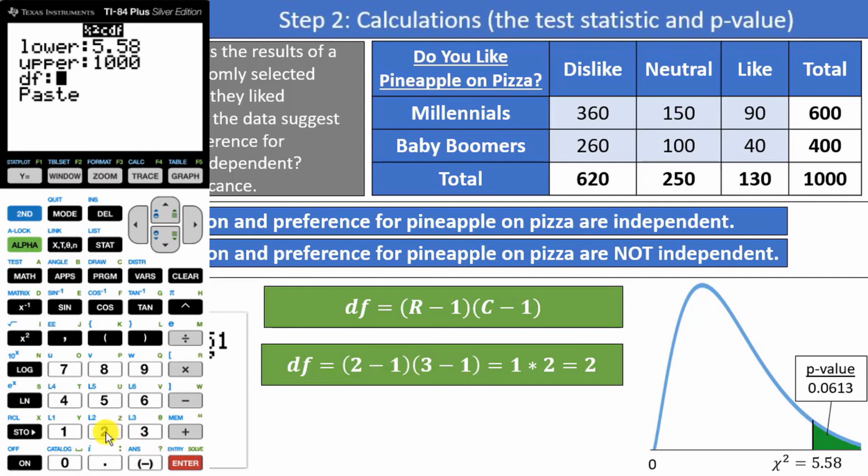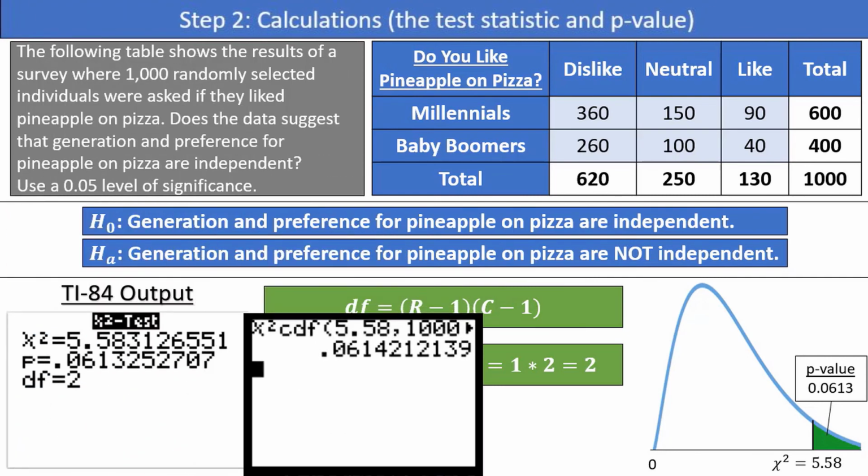The degrees of freedom are 2. When we press paste, if you have a TI-84 calculator, make sure to match this output: chi-square CDF 5.58, comma 1000, comma 2. When we press enter, we get 0.0614, which is approximately the same answer that our calculator gave us when we used the chi-square test function.